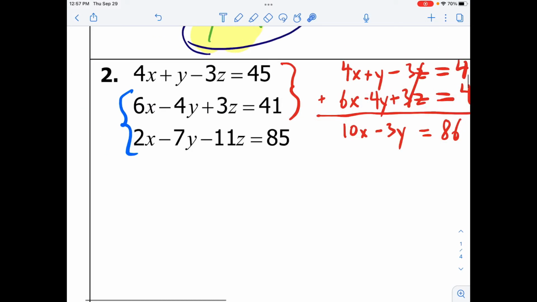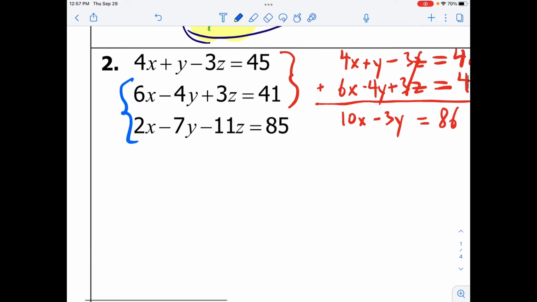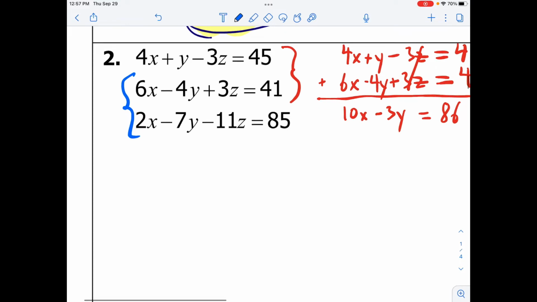Kind of a pain in the butt, but that was the price to pay for picking z as my elimination variable, okay? So let's do that. Let's move this squiggly a little bit out of the way, okay? So we have 11, multiply this by 11 on both sides, multiply this by 3 on both sides, okay?